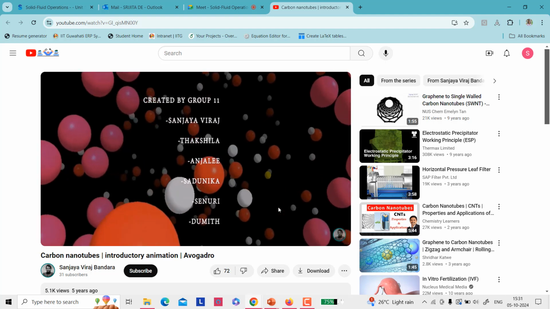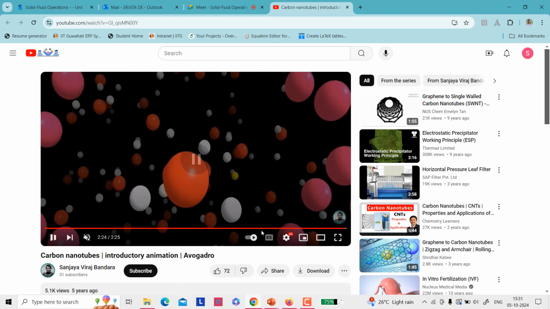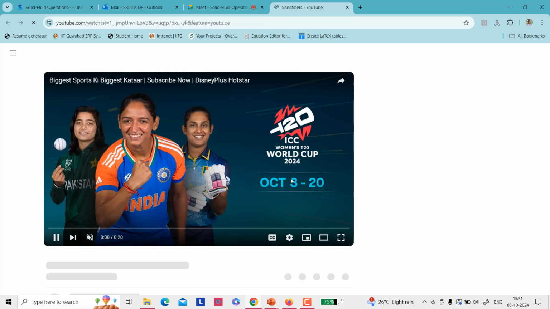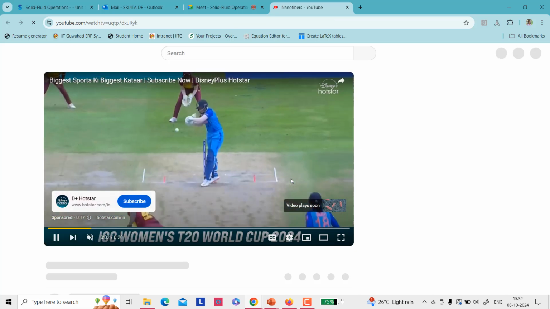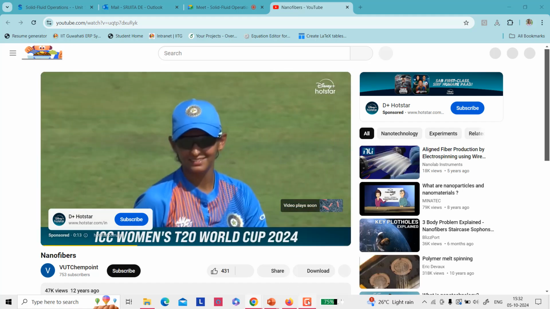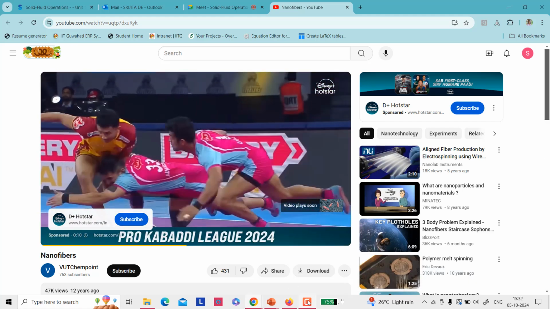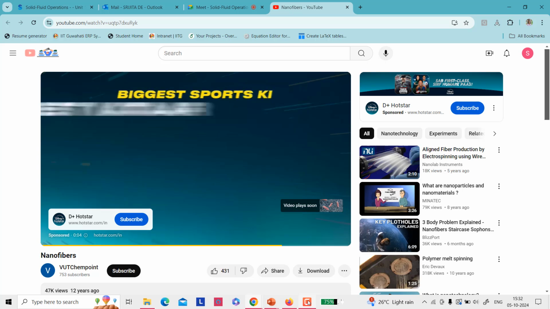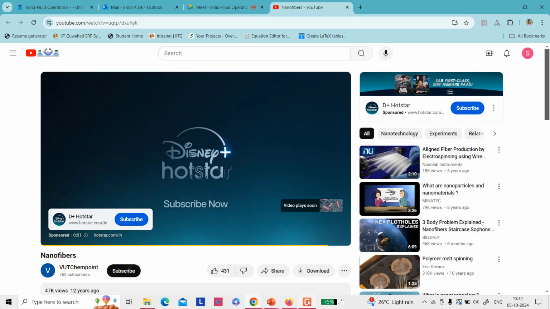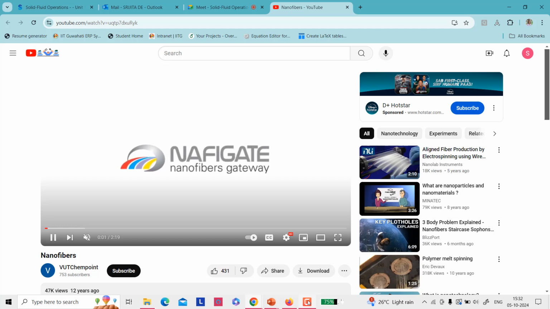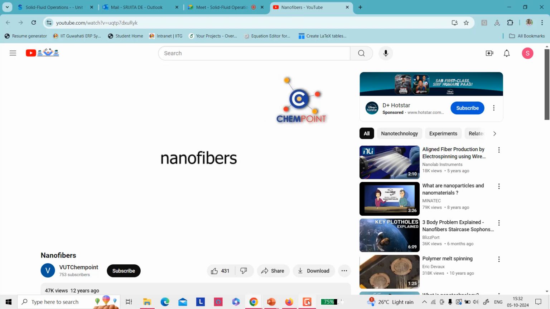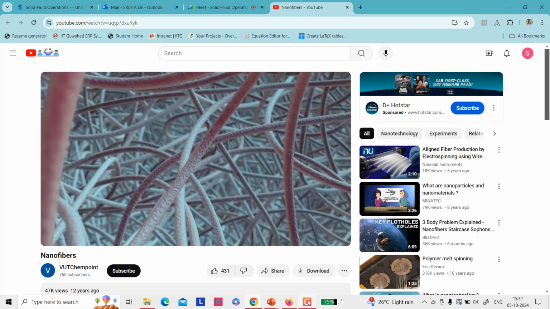Last one is the nanofibers. This is the nanofiber. You cannot see it with the naked eye.